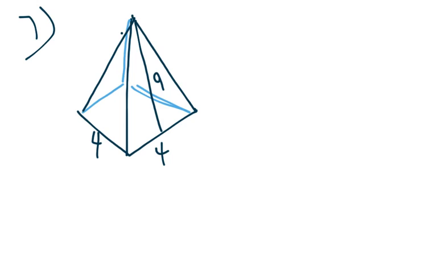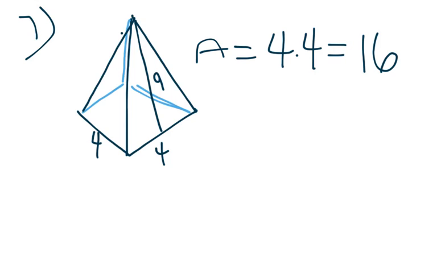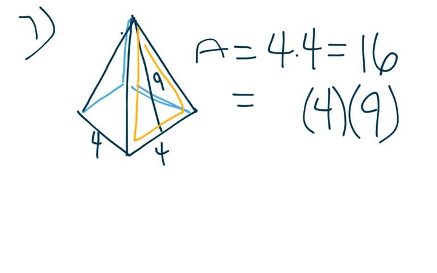Okay, number 7, we have a square base that is 4 by 4. So the area of the base is 4 times 4, and that is 16. Now we want to find the area of this triangle right here. We see that there's a base of 4 and a height of 9, and the area for a triangle is half base times height.